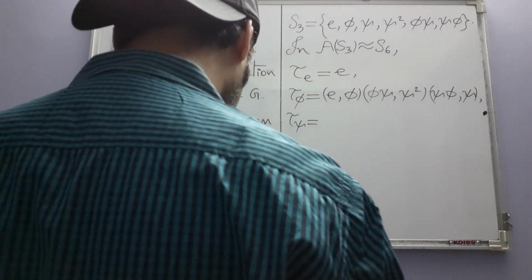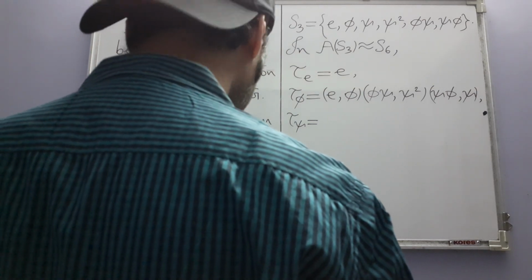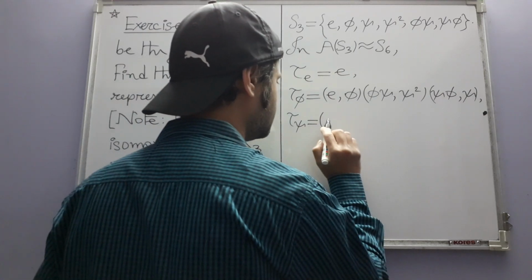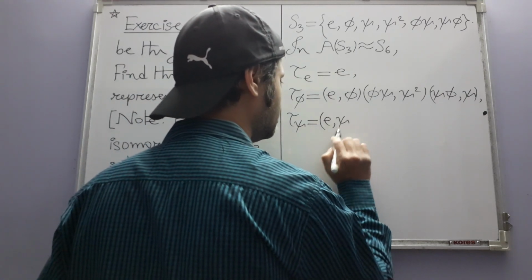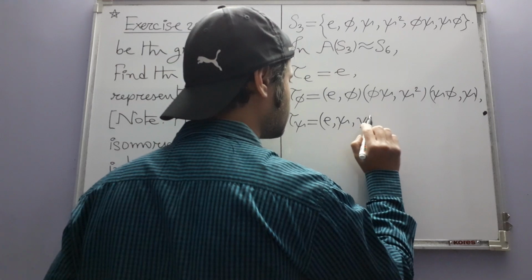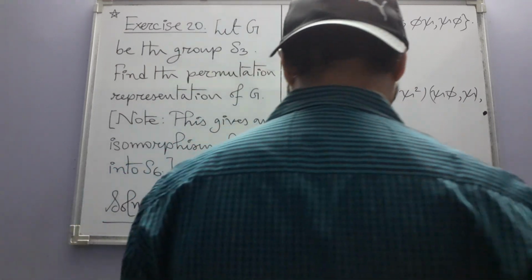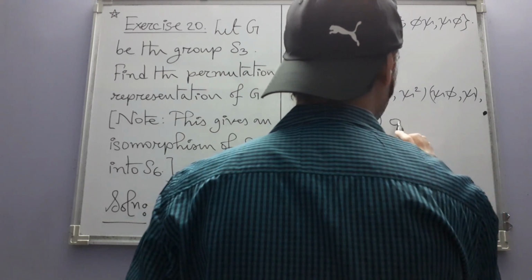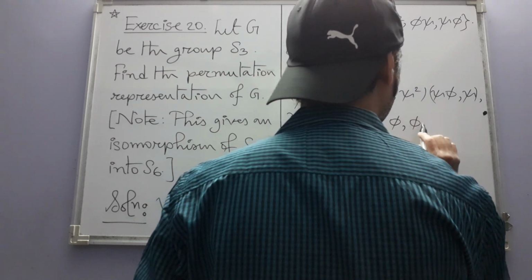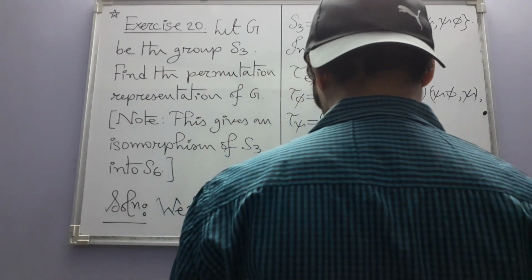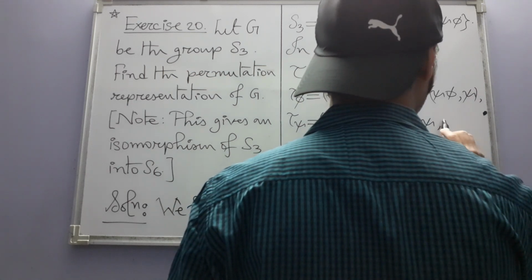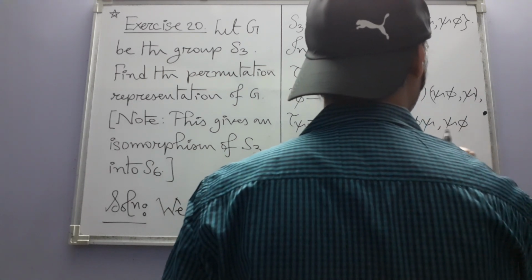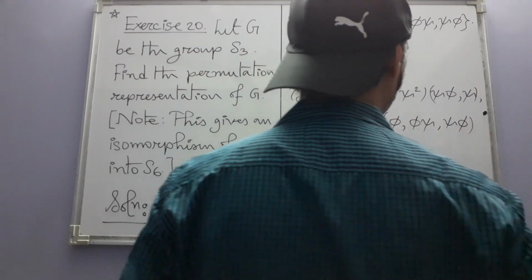Tau psi is a product of 2-3 cycles, and one of them is E comma psi squared, and the other one is phi psi comma psi phi.